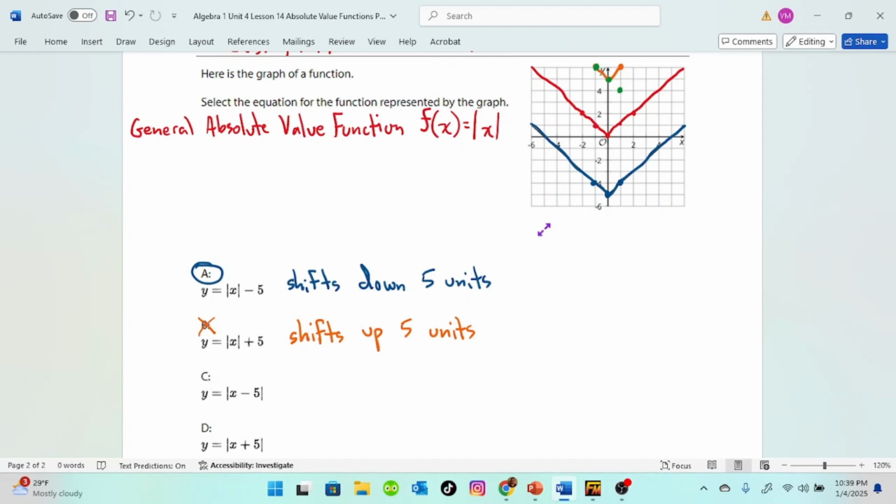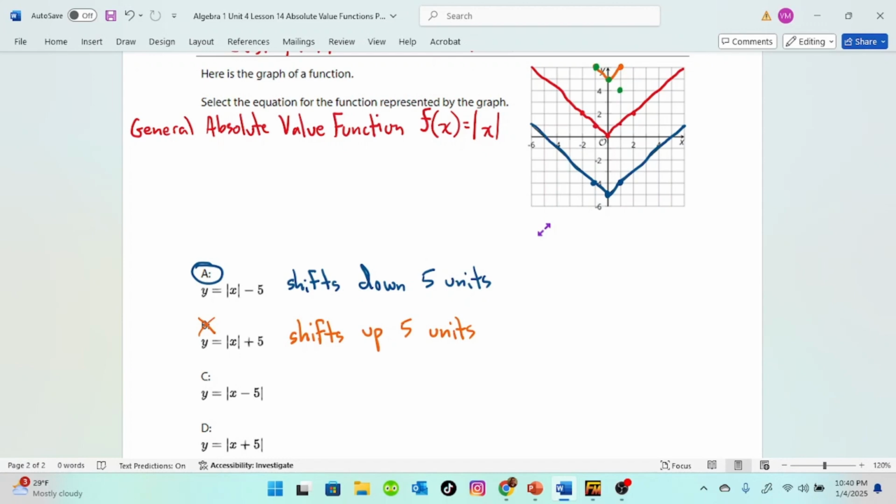If x were negative 2, negative 2 minus 5 is negative 7, and the absolute value of negative 7 is positive 7. So that leads us off of this coordinate plane. Let's go in the opposite direction.